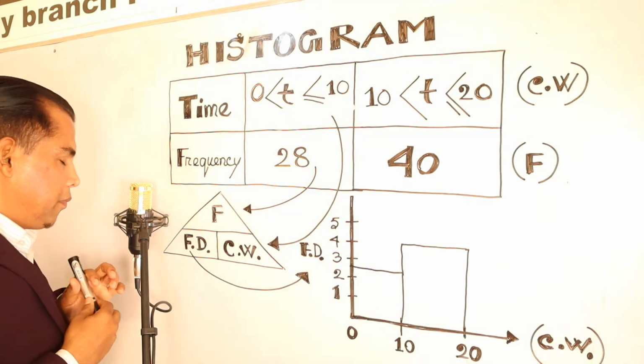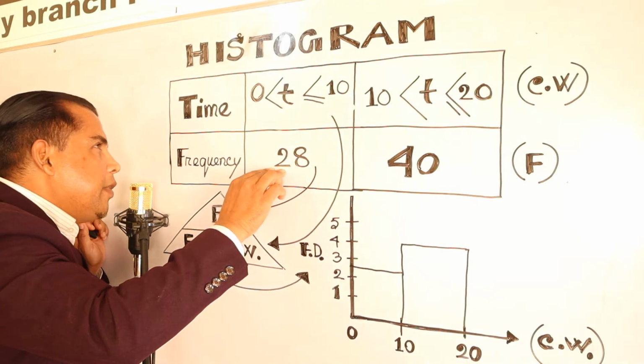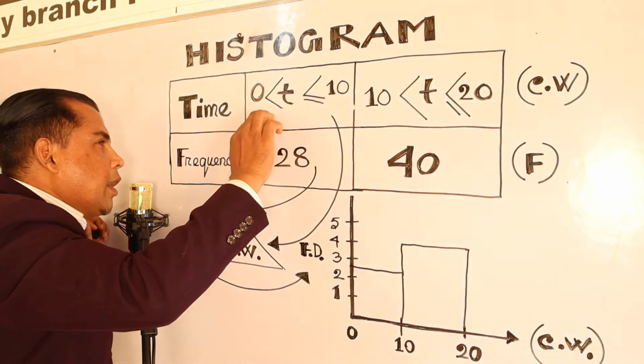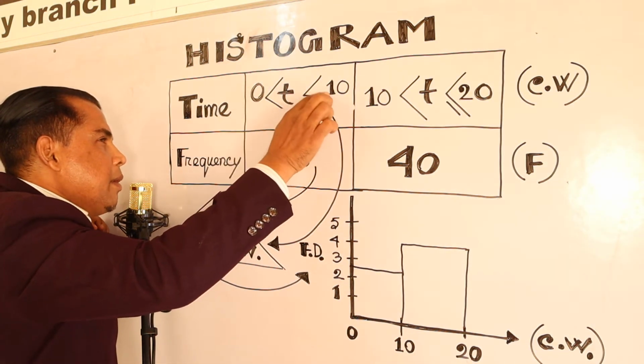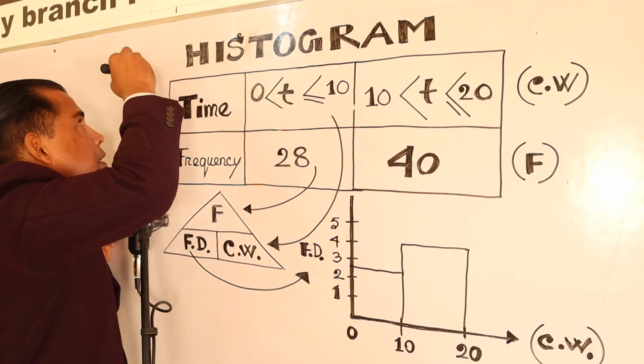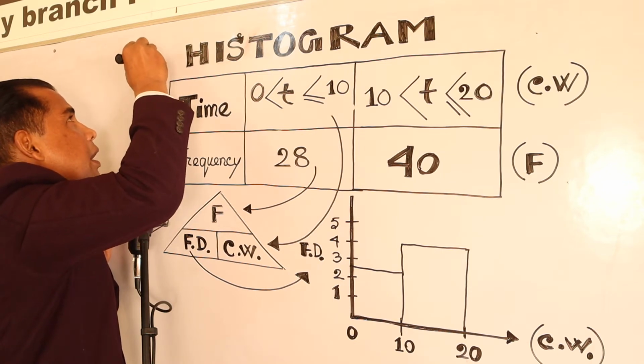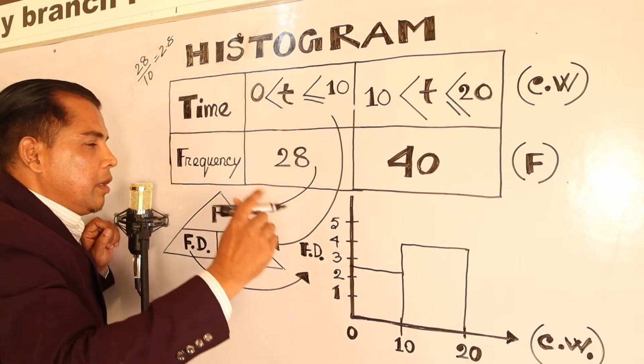Okay, so you are watching that the frequency 28 is given and the class width 0 to 10, 10, is given. So for getting this, 28 has to be divided by 10, 2.8.